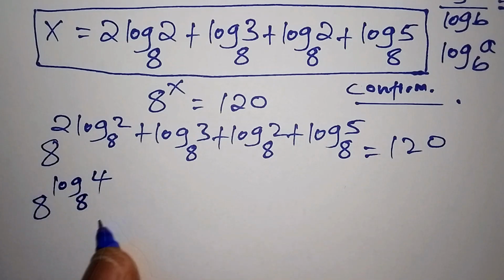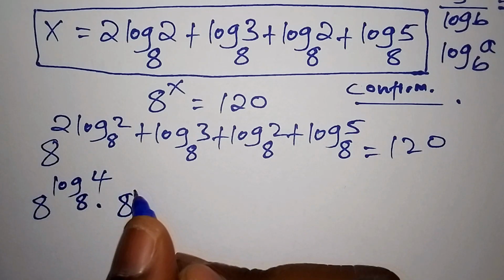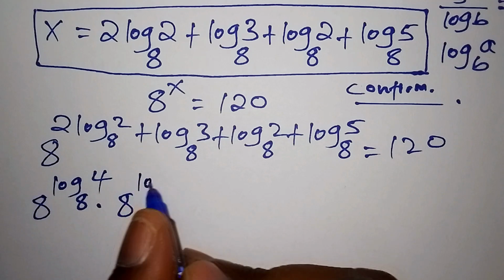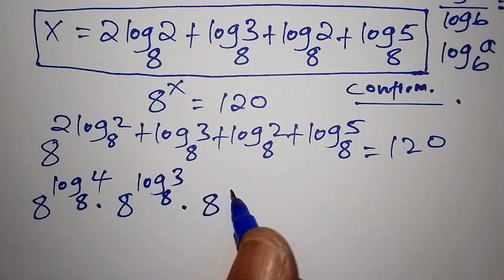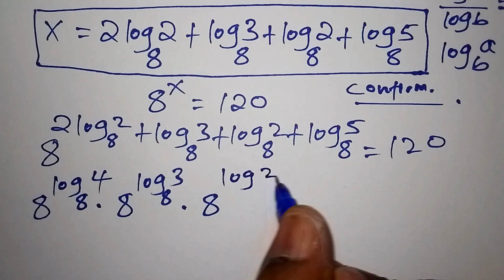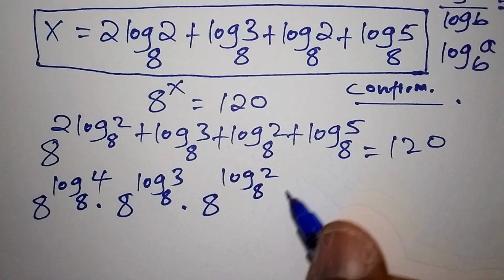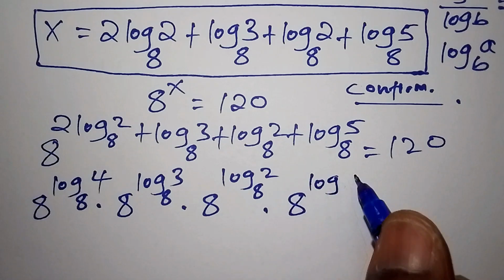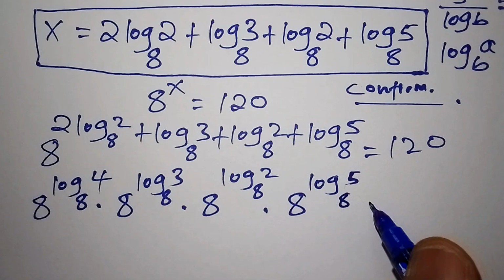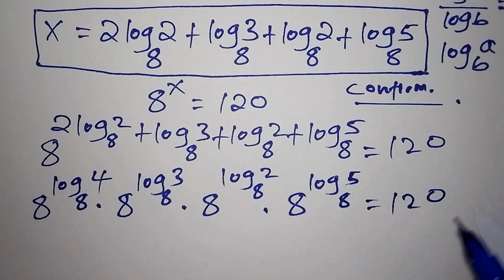Plus means multiplication, again 8 to the power of the log of 3 to the base of 8. Plus means multiplication, again 8 to the power of the log of 2 to the base of 8. Again plus means multiplication, 8 to the power of the log of 5 to the base of 8 is equal to 120.